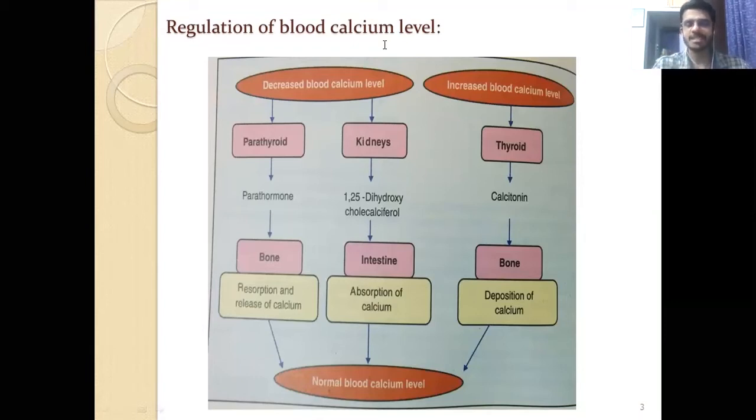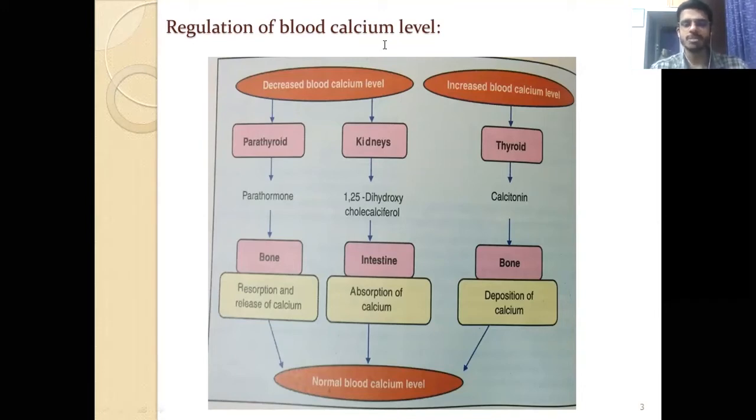Cardiac glands in the stomach produce what? Mucin, very good. Gastrin is produced by which cells? Pyloric glands, very good.